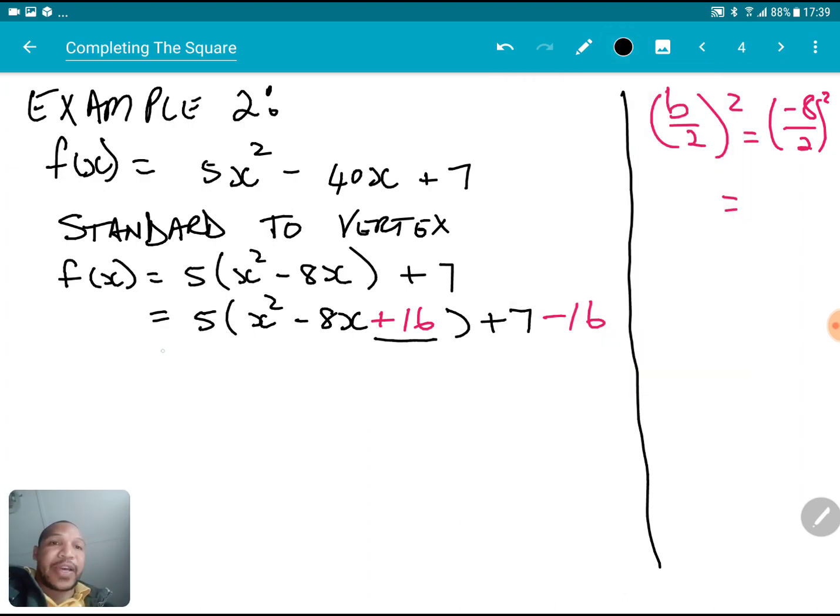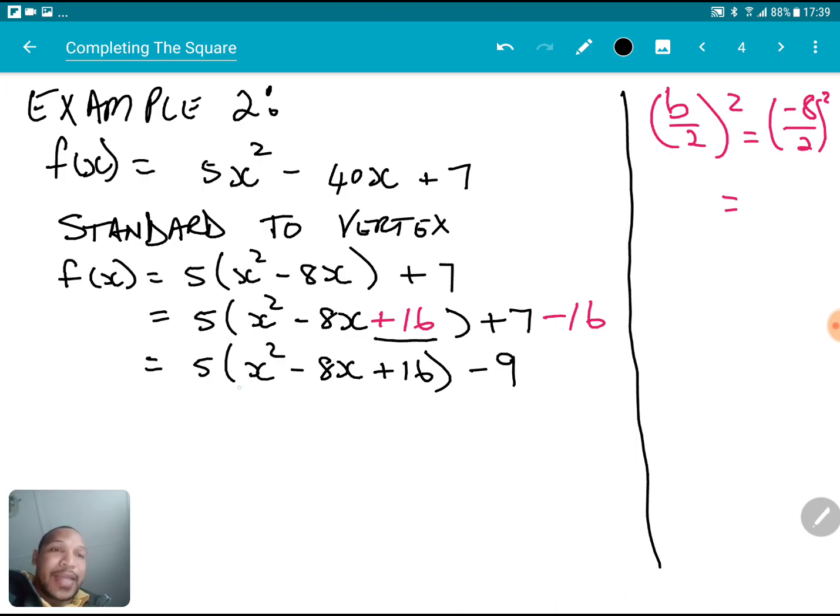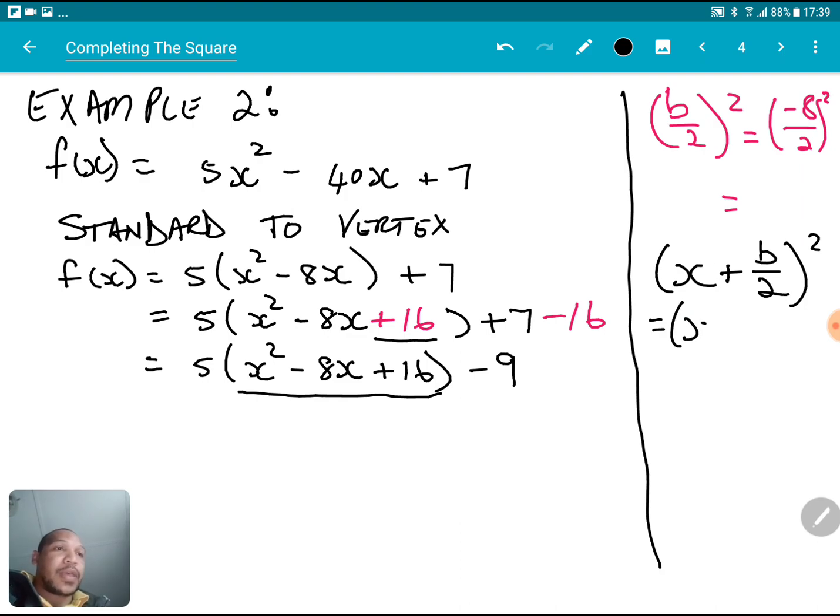Now we're going to simplify. 5 times x squared minus 8x plus 16, and plus 7 minus 16 would give me -9. And now I can work with my middle three terms and turn it into x plus b over 2 squared. x plus, what is b? b is always the middle coefficient, -8 over 2, and I keep that within brackets, and I make another bracket.